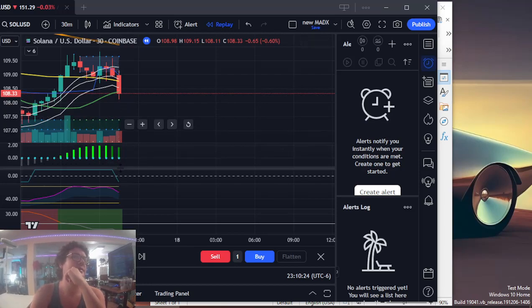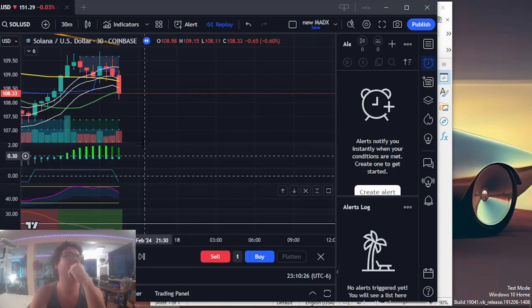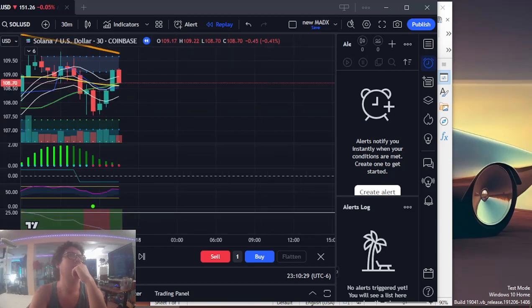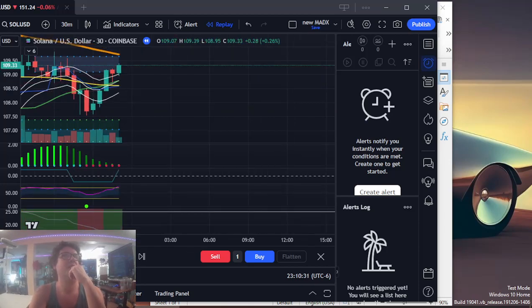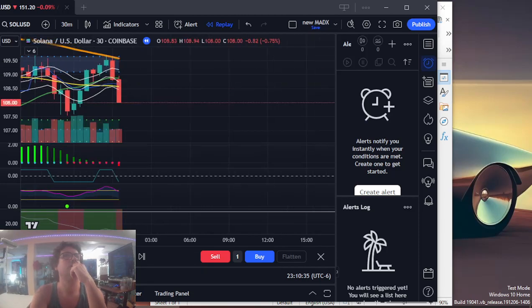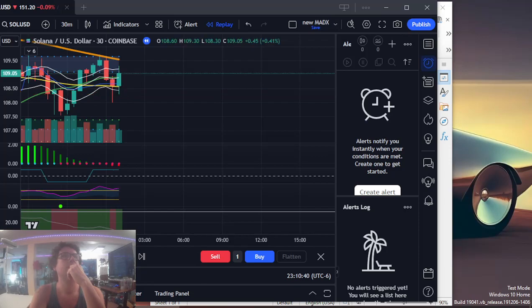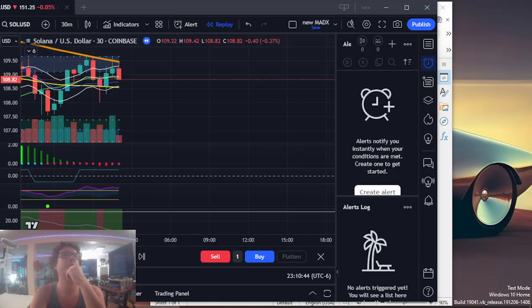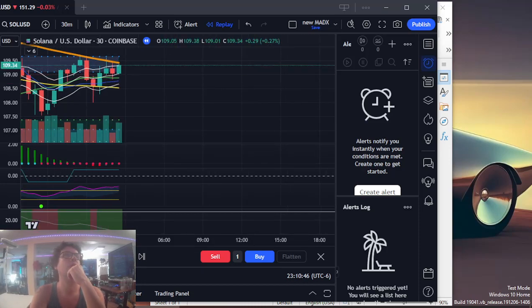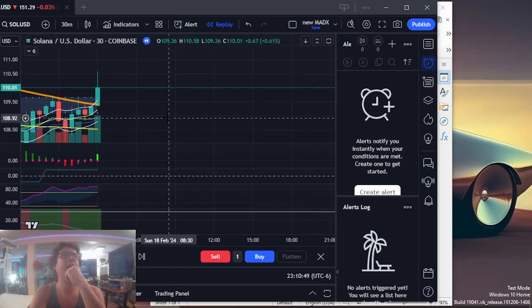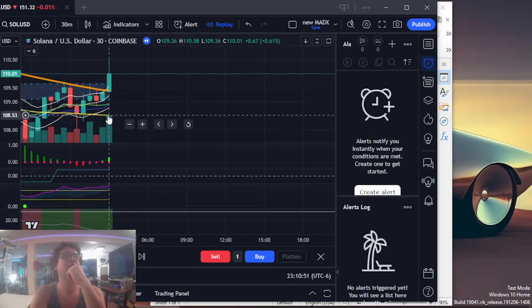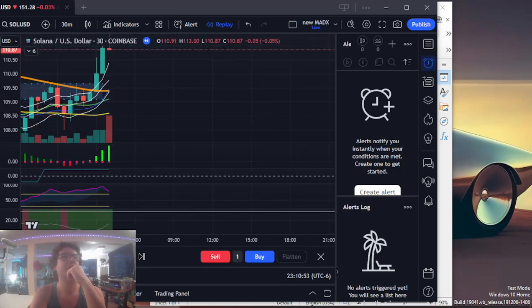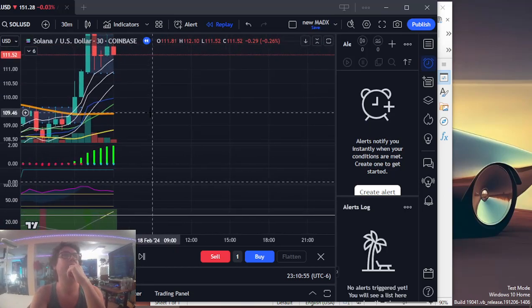1, 2, 3. But not above 25. Did get a nice pop to the downside though. Is that above? Nope. Let's get above 25 on the 80x here.